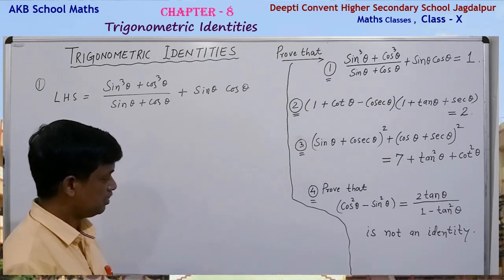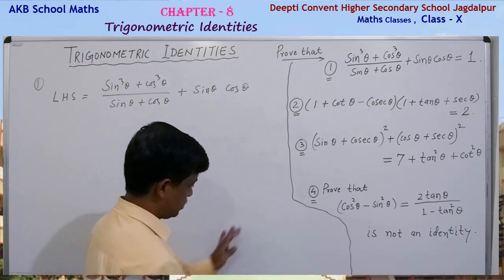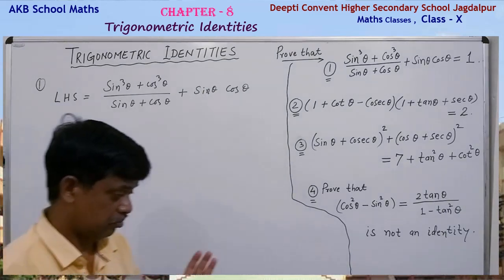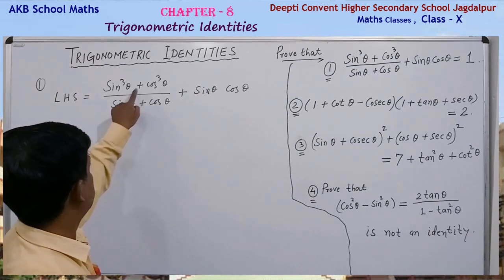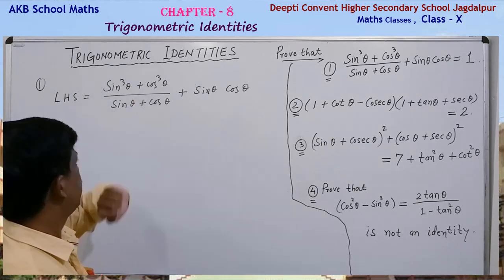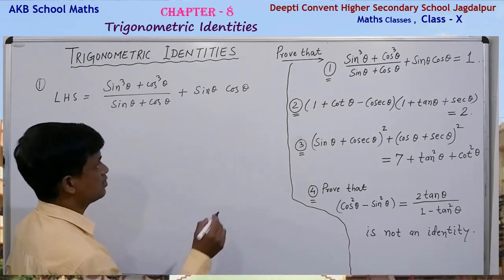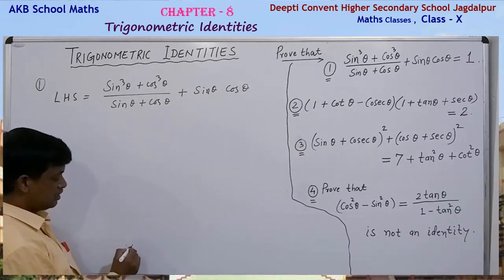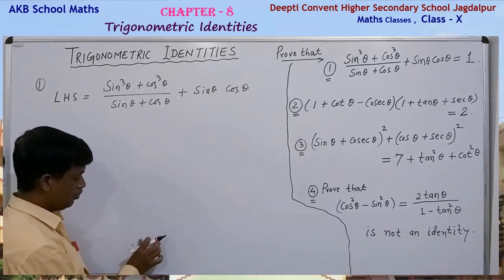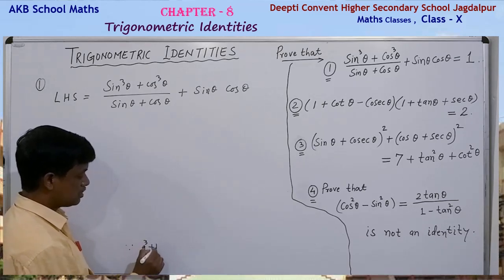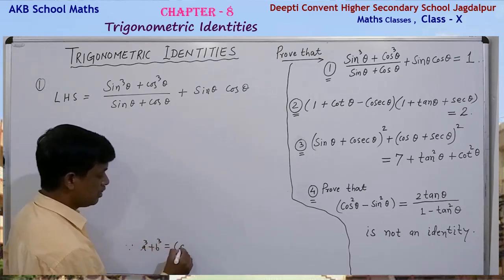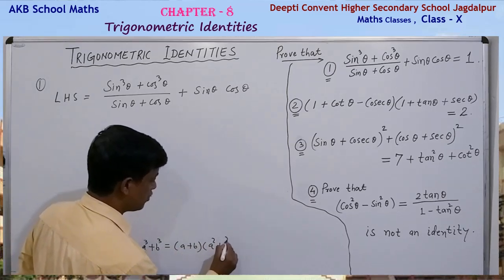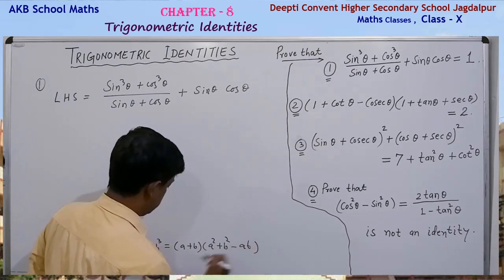Now we have some formulas, which I just discussed. From algebra we know the formula: a cube plus b cube equals a plus b into a square plus b square minus ab.